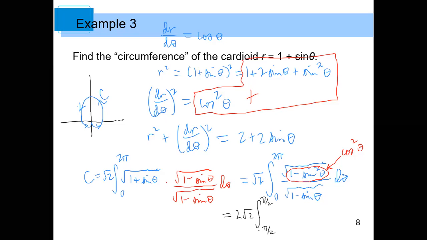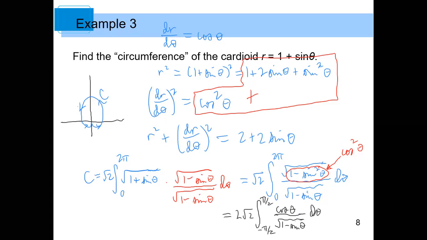Then the square root of cosine squared is what? Cosine, straight up, because it's positive. Cosine of theta over the square root of 1 minus sine of theta d theta. All right, questions on that so far?